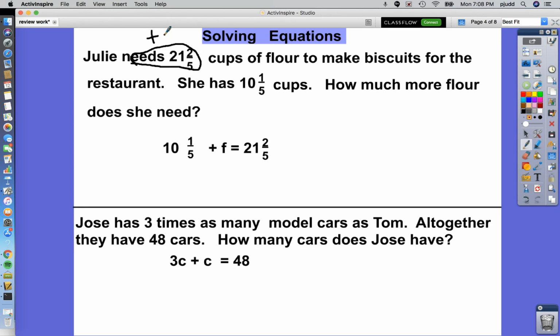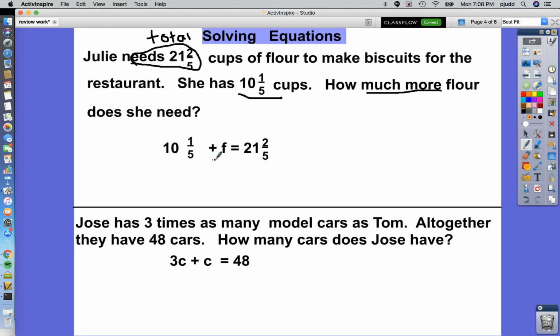So this is going to be how much she needs altogether. That's her total. This is what she has, 10 1/5. How much more flour does she need?